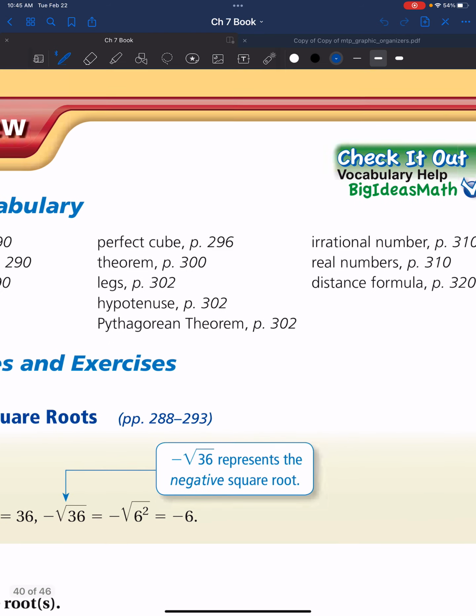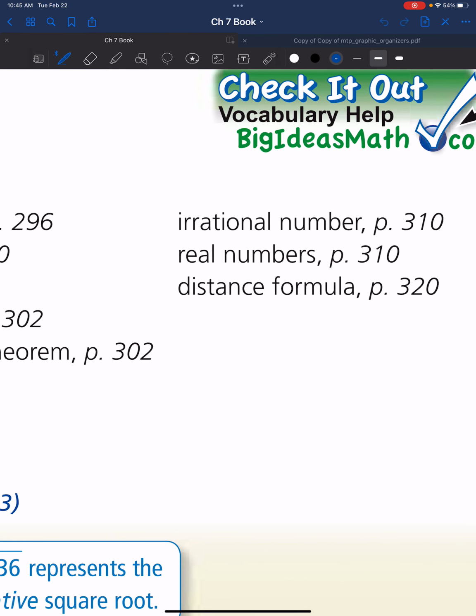Very good. And then we talked about classifying numbers as either rational or irrational. Irrational can never be written as a fraction. Okay? Rational can be written as a fraction, and then there's all these little subcategories of rational numbers. Underneath rational is integers.